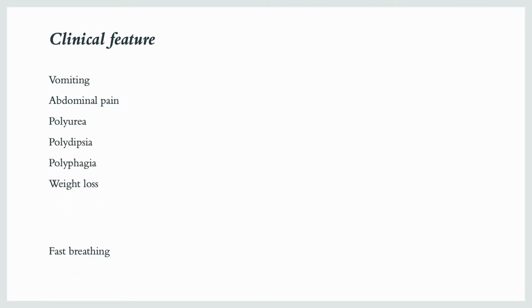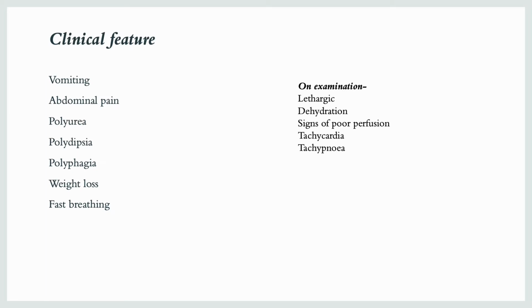So what are the clinical features of diabetic ketoacidosis? The most common clinical features children present with are vomiting, abdominal pain, polyuria, polydipsia, polyphagia, weight loss, and fast breathing.